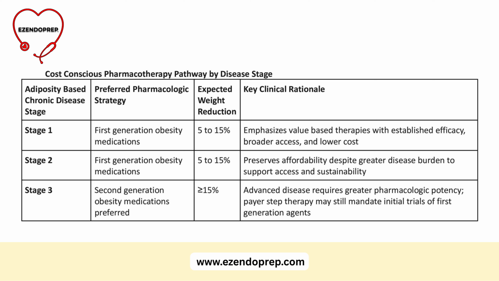However, and this is critical, the algorithm explicitly states that a trial of first-generation obesity medication may still be required depending on cost and insurance coverage. Even when second-generation therapy is preferred, payer requirements may mandate a stepwise approach.